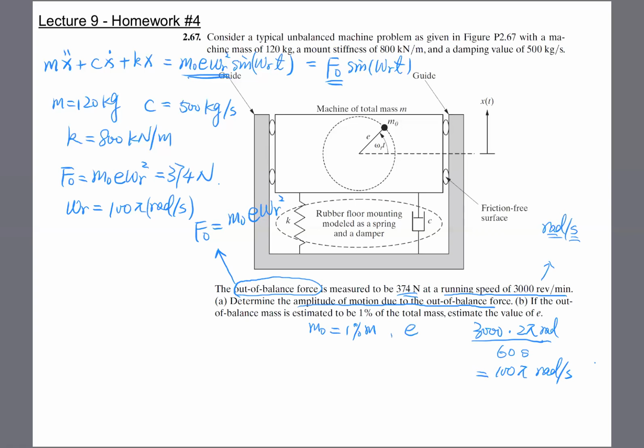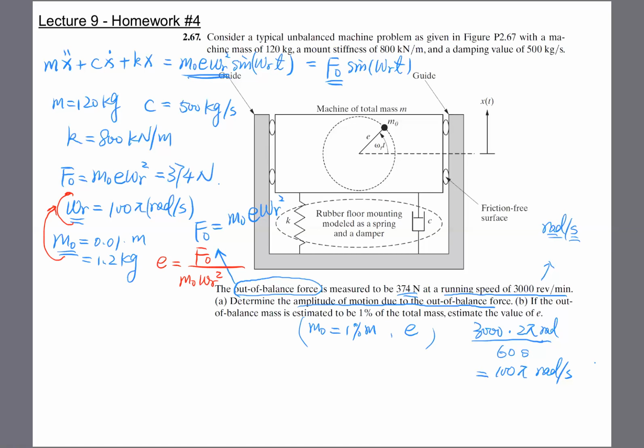Actually, the second part is much easier, because once we know m naught is 1% of your M, or 1.2 kilograms, then we have m naught and we have omega r. We just plug these two values back into this equation, and then we can derive e. e is F naught over m naught omega r squared. So we tackle the second part very easily.